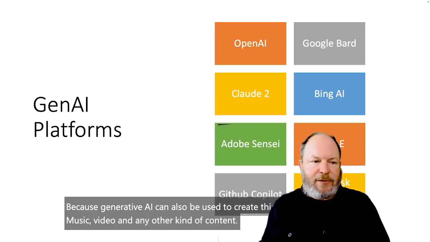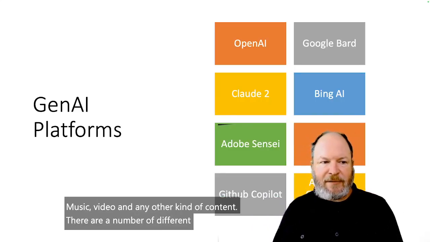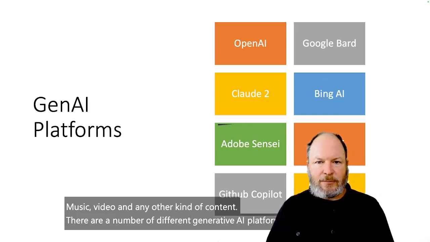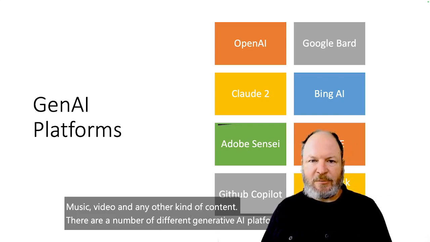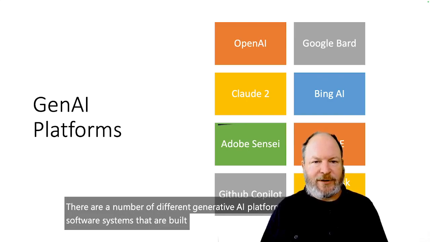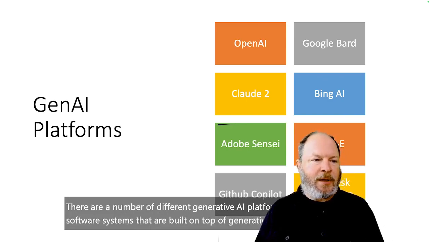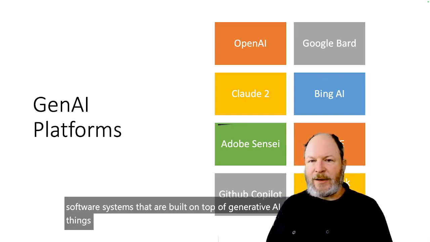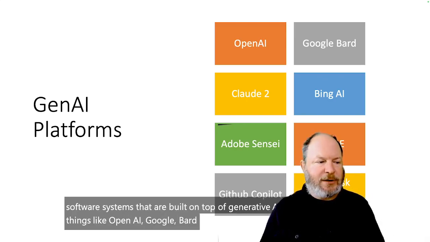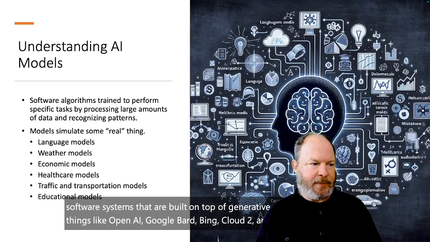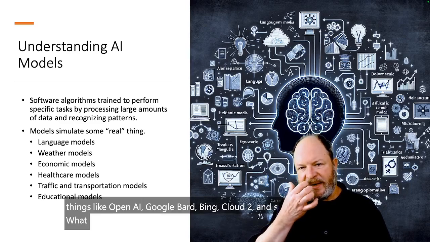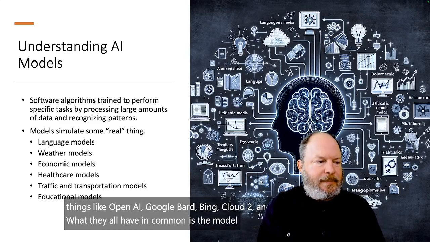There are a number of different generative AI platforms. These are all software systems that are built on top of generative AI models. There are things like OpenAI, Google Bard, Bing, Claude 2, and so forth. What they all have in common is the model.